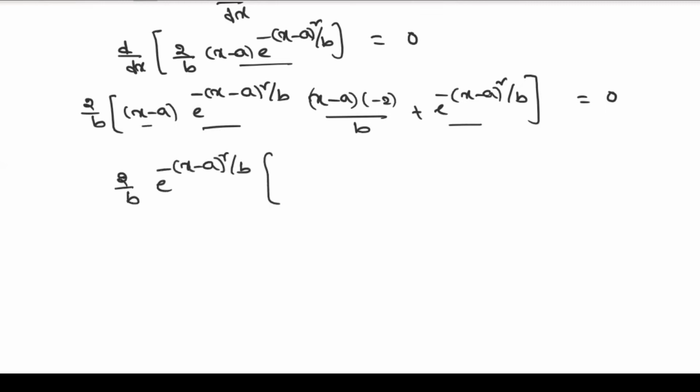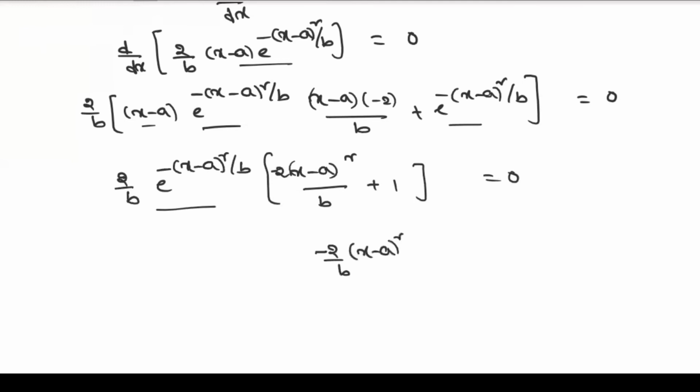Then here (x − a) into (x − a)² by b; already minus 2 is there, so minus 2 plus 1 is equal to 0. You can make this total term equal to 0, and the remaining term is −(2/b)(x − a)² plus 1 is equal to 0. Then you can write (2/b)(x − a)² is equal to 1.